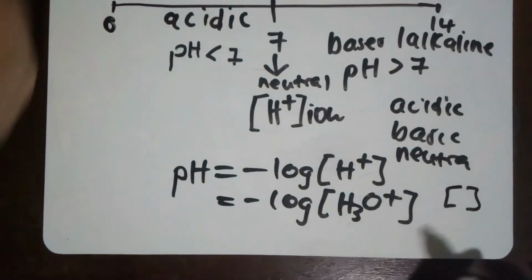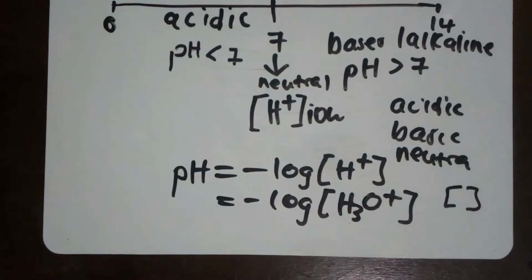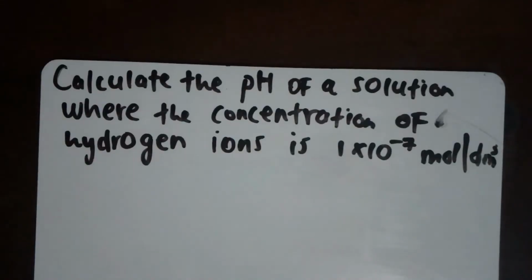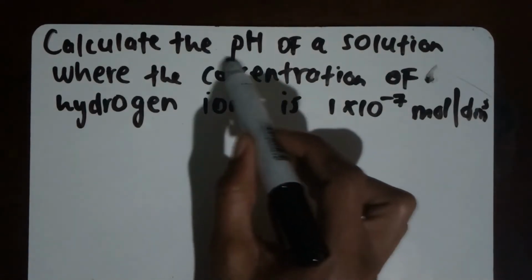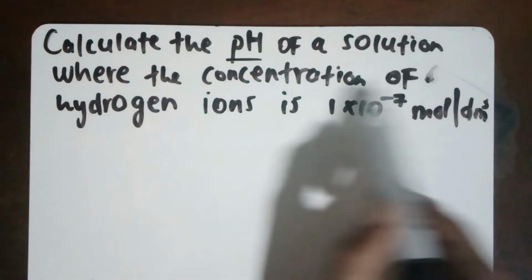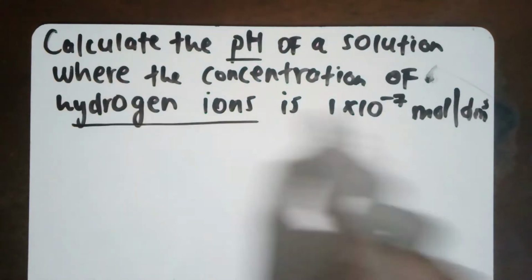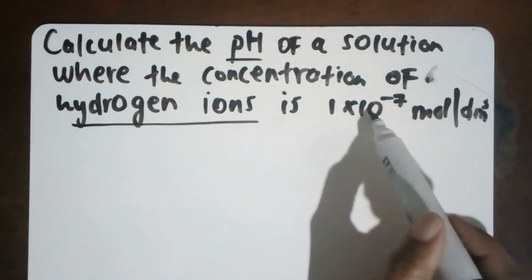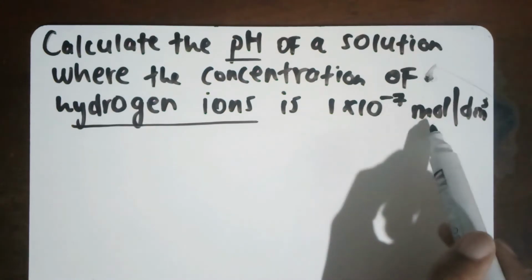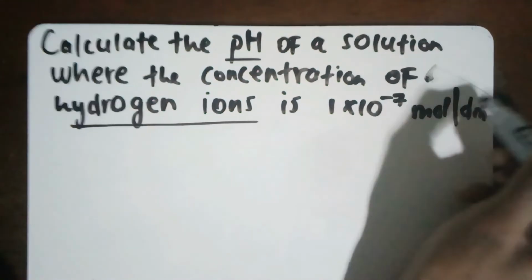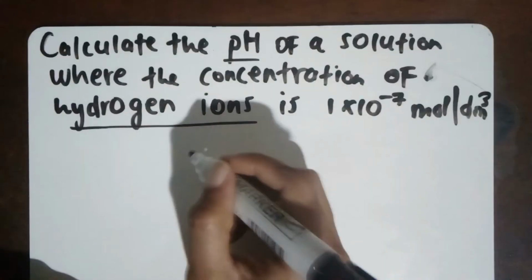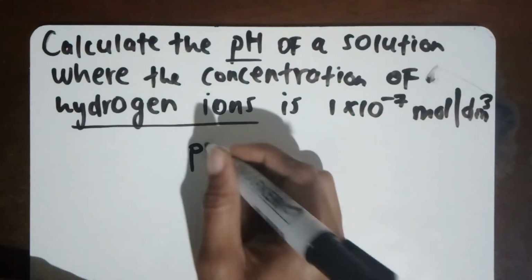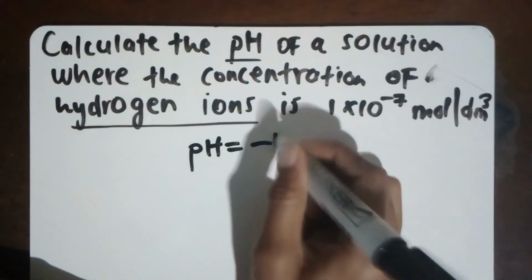So let us just take a quick example. We have a question over there, and it's quite straightforward. It says we have to calculate the pH of a solution where the concentration of hydrogen ions is 1 multiplied by 10 to the power of minus 7 mol per cubic decimeter. This is cubic decimeters, right? We can just calculate pH by simply using this formula.